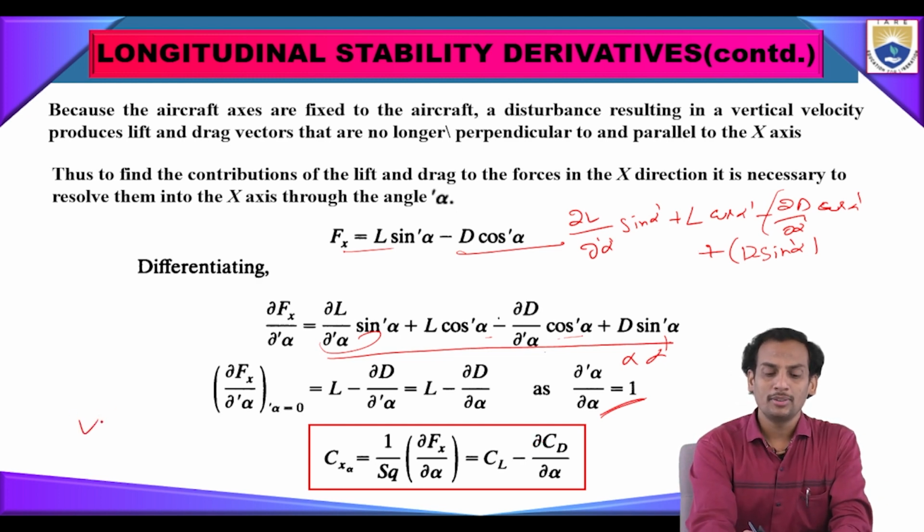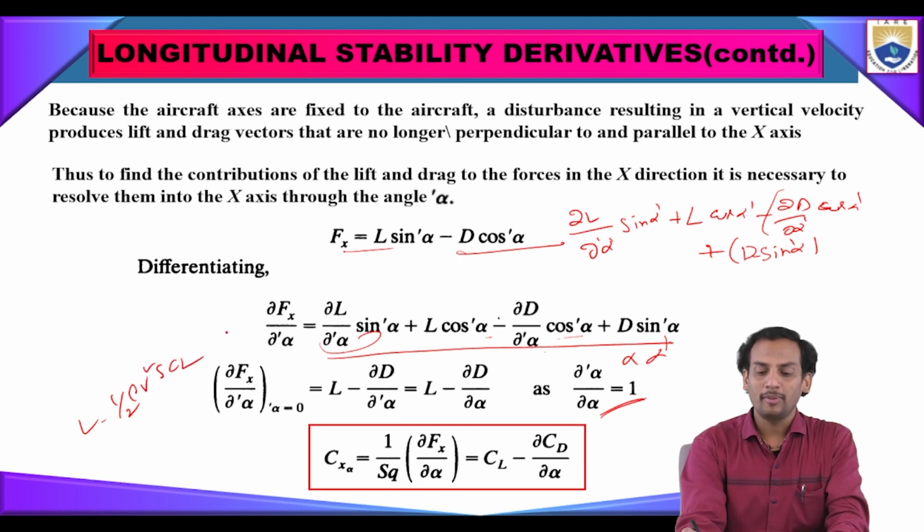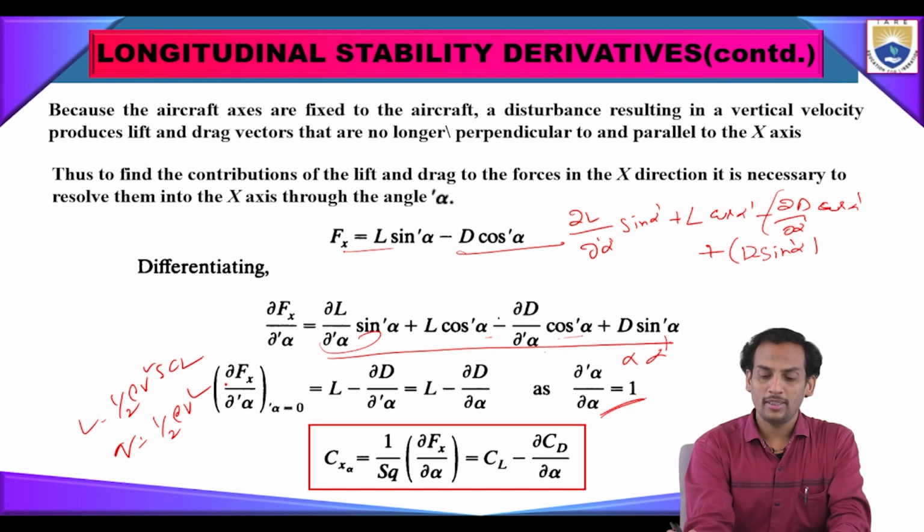L will be half rho V square S CL. And Q will be half rho V square.